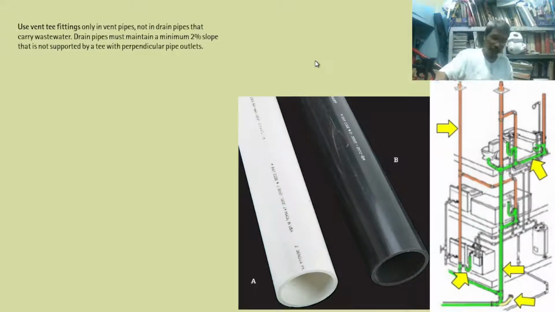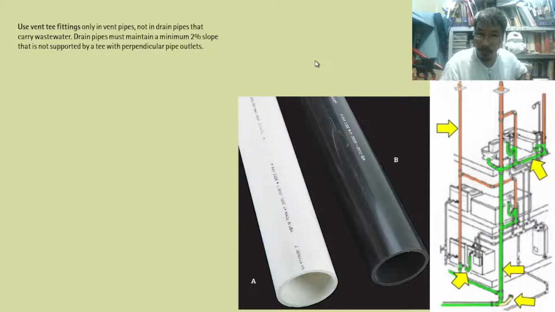That is the reason why we are using this. That is to prevent clogging. So meaning vent pipes do not have solid or liquid particles inside it. That's why it is called vent. Its purpose is mainly for the introduction of air.